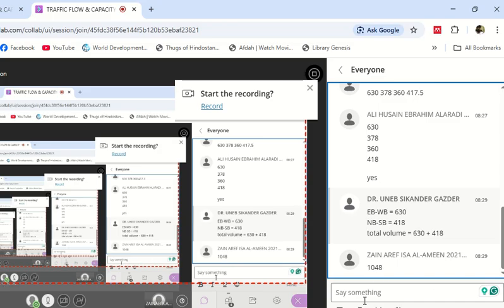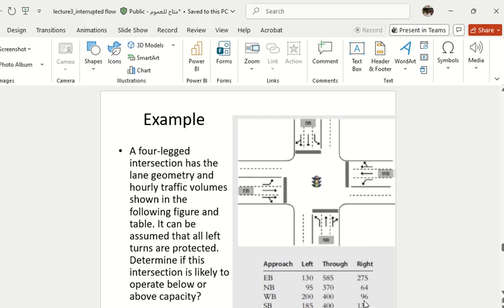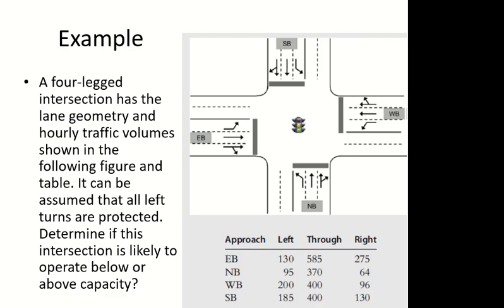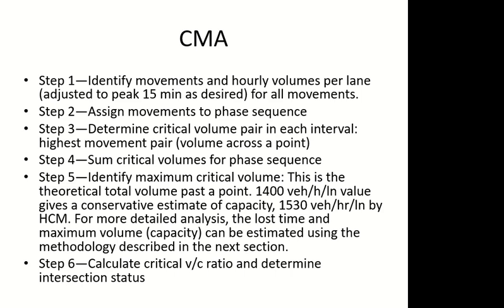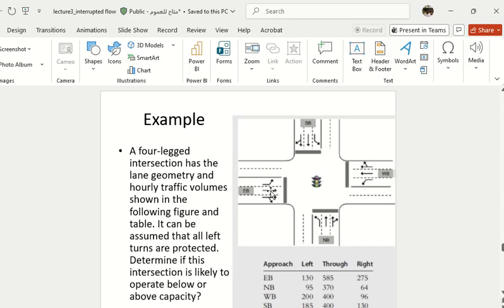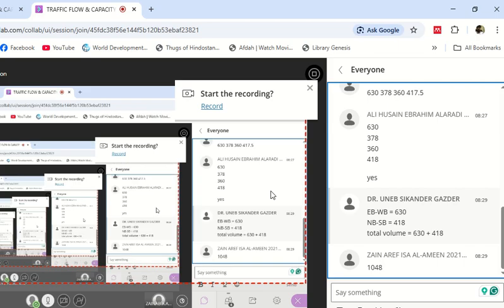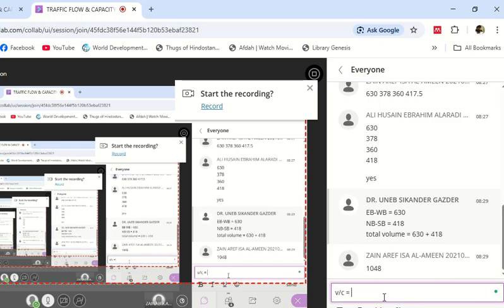Now, did they give us the capacity? Capacity is not given, so we'll pick one of these values. For example, you can pick 1400, a more conservative value. So now we can calculate V by C ratio. V by C ratio will be 1048 upon 1400.